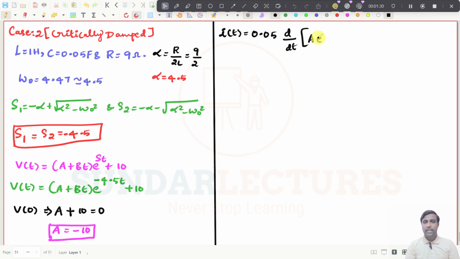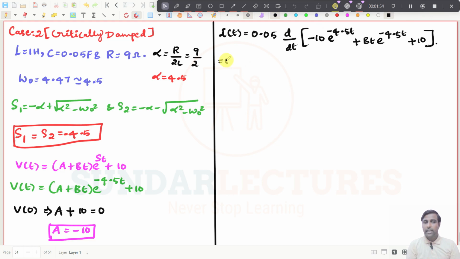So instead of a, we can substitute the values, so it will be minus 10 e power minus 4.5 t, and then plus b t e power minus 4.5 t, and then plus 10. It is not necessary to write, anyhow I'm just writing it down.